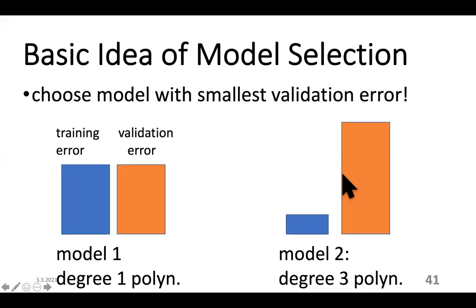But if you just want to make a study of how well the models are doing, so you just report a validation error for model 1, validation error for model 2, and write this in your report, then there's no need for a test set. But as soon as you then move on and choose a model based on the validation error, then you should use a test set to evaluate the quality of the chosen model outside the validation set. Yeah, this also addresses the next question.